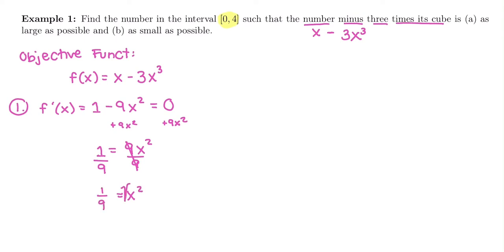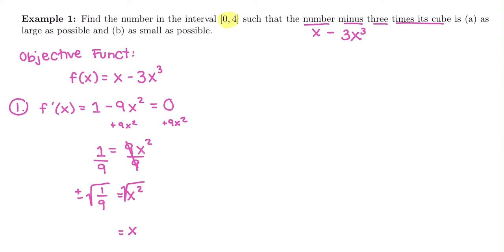And so to get x by itself, I'm going to take the square root. And when you take the square root of a number, you need to do plus or minus. Because, right, the square root of 25 could be 5 or negative 5. 2 and negative 2 squared both give 4. So we want to include the positive and negative here. And with the property of the square root, what you do is the square root of the top and the square root of the bottom.